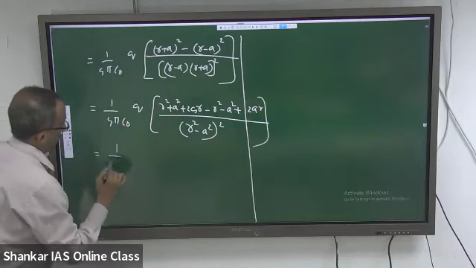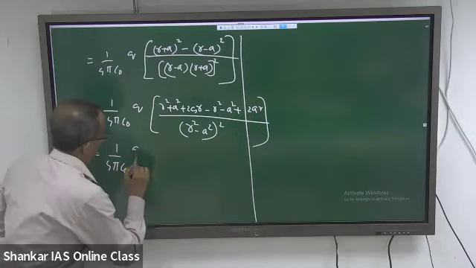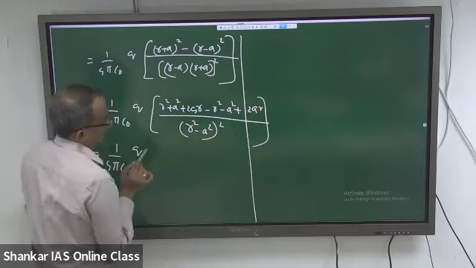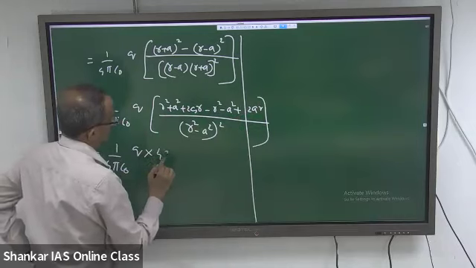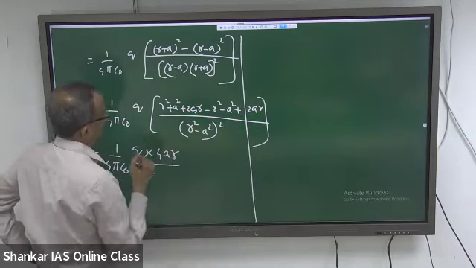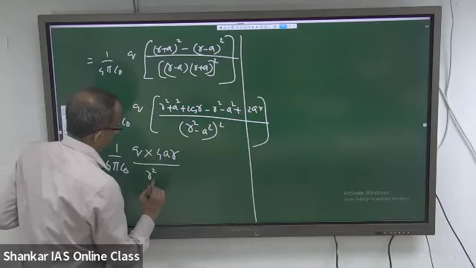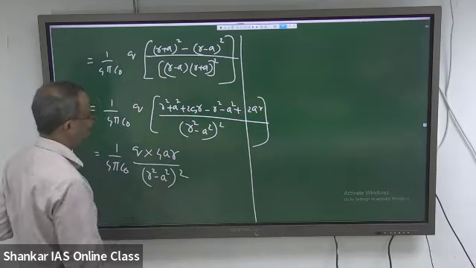This can be written as 1 by 4 pi epsilon naught Q into, R squared cancels, A squared cancels, 2AR and 2AR together will come as 4AR, divided by R squared minus A squared raised to 2.